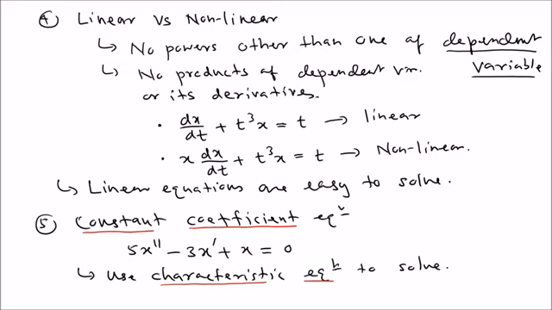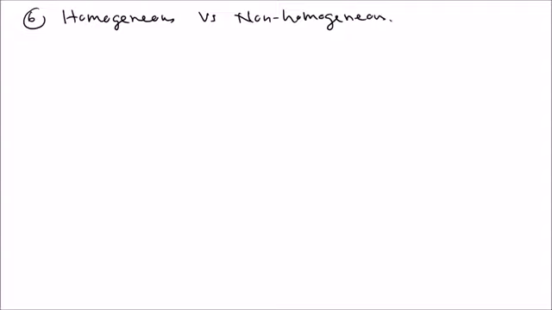And then let's talk about homogeneous versus non-homogeneous. Be careful, homogeneous and non-homogeneous have two different meanings in differential equations. We can talk about homogeneous and non-homogeneous again later. Here, what we mean by homogeneous is whether the differential equation equals 0 or not.